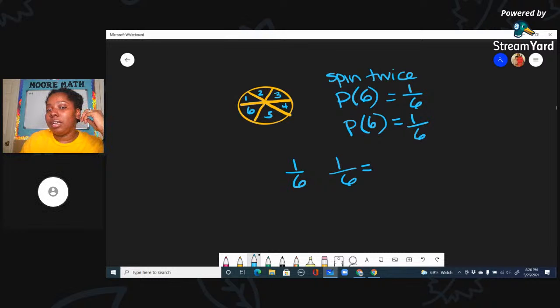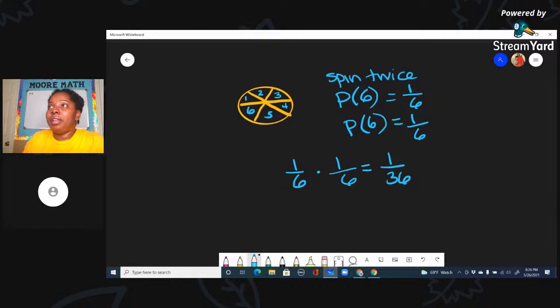What would we do with these two probabilities? Cross multiply. Not cross multiply. So it wouldn't be cross multiply. What would we do? We would just actually multiply it. Okay, so watch this.